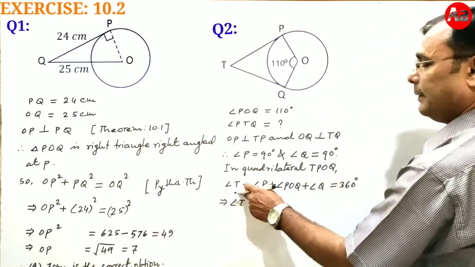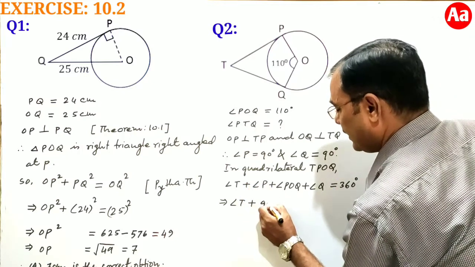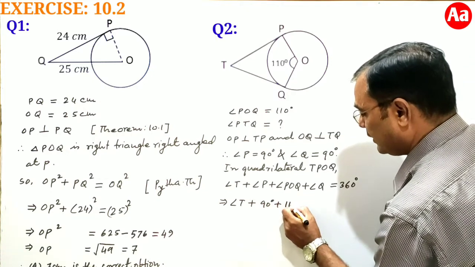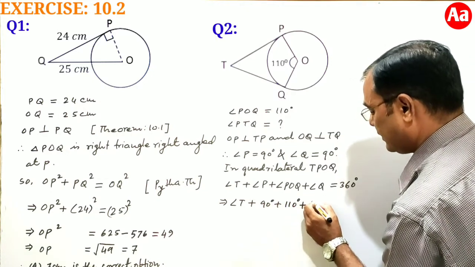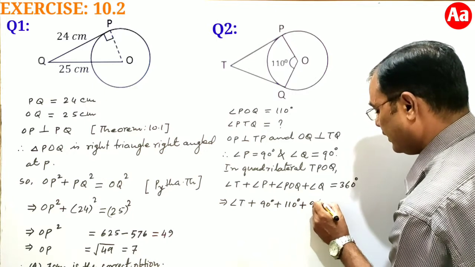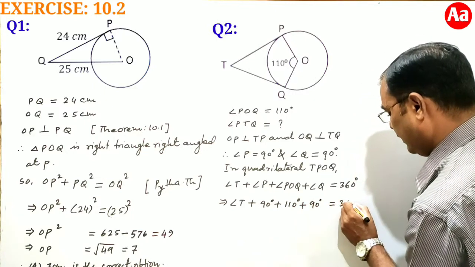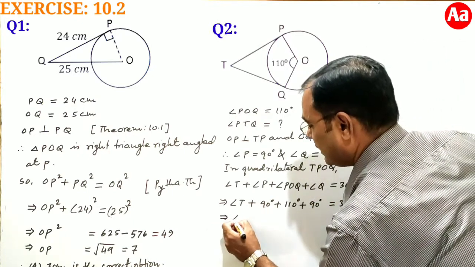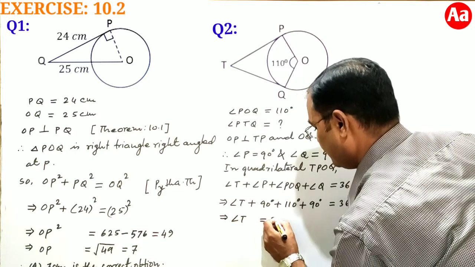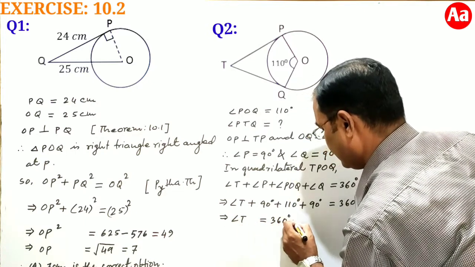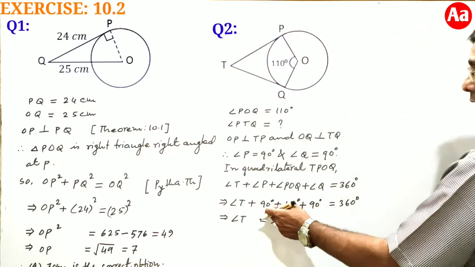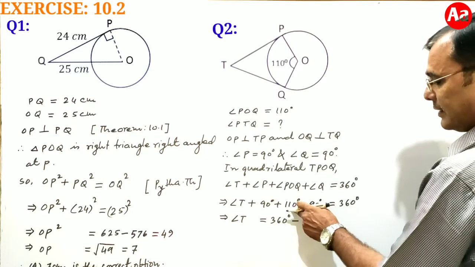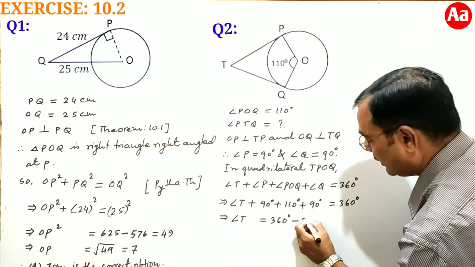Angle T means angle PTQ. Angle P 90 degrees plus POQ 110 degrees plus angle Q also 90 degrees equal to 360 degrees, and this implies angle T is equal to 360 degrees minus (90 degrees plus 90 degrees, 180 degrees, plus 110 degrees), so 290 degrees.